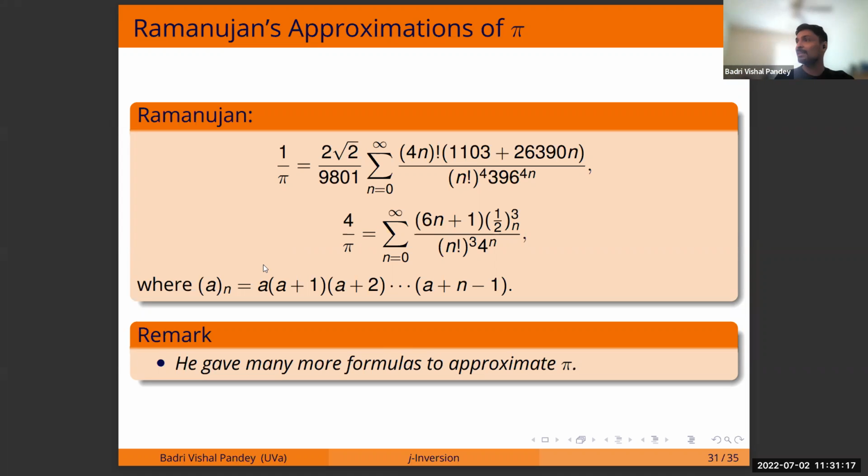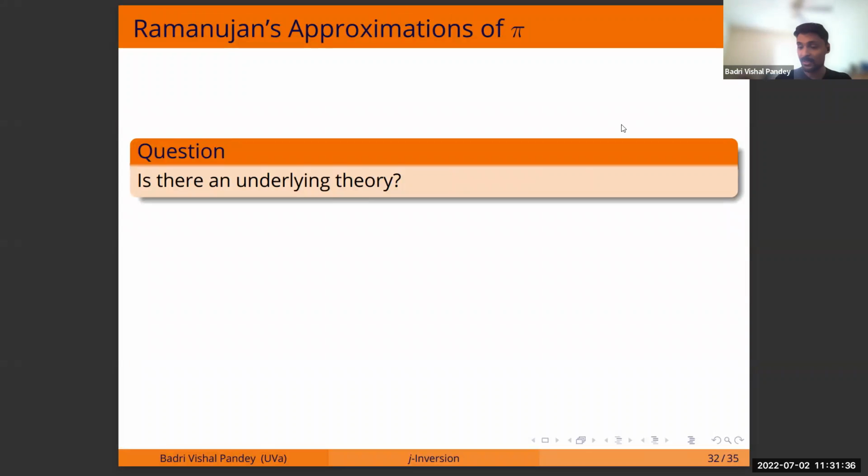But later, when Ramanujan's lost notebooks were found, people started thinking about how he came up with these ideas. And since there are more than 20 formulas for approximating pi, they thought, is there any underlying theory behind that? It turns out, yes, there is.